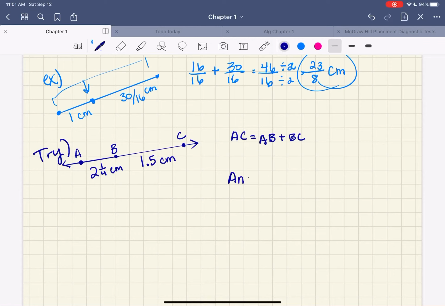For your answer, you should have gotten that AC equals 3.75 centimeters. So you showed your work up here, even though it was stuff you could do in your head. There you go. Okay.